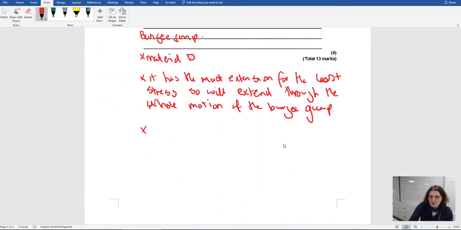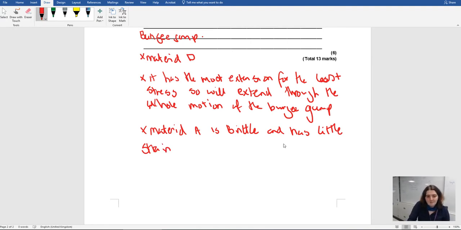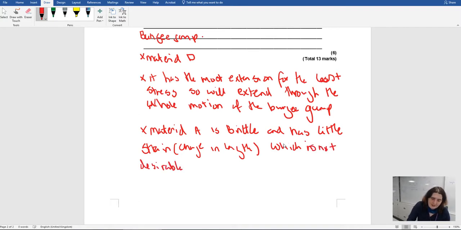Now, what material won't I choose? Again, I wouldn't choose material A. Material A is brittle and has little stress or strain, or change in length, which is not desirable during a bungee jump.